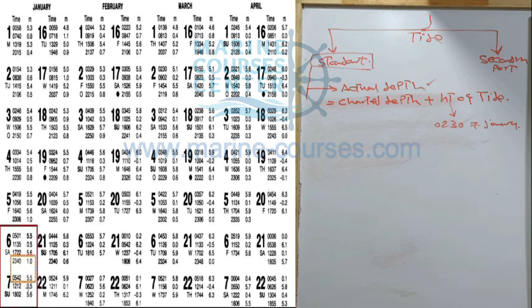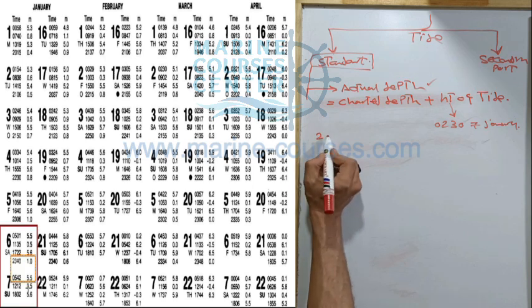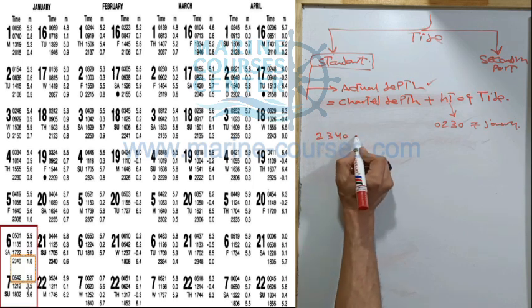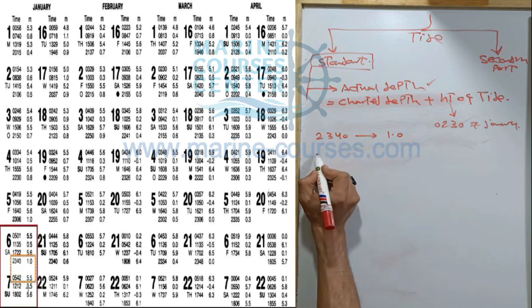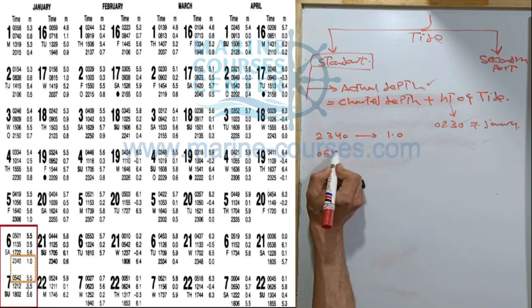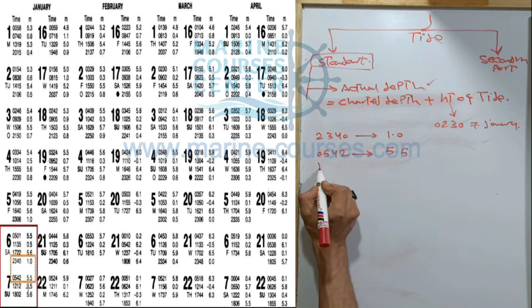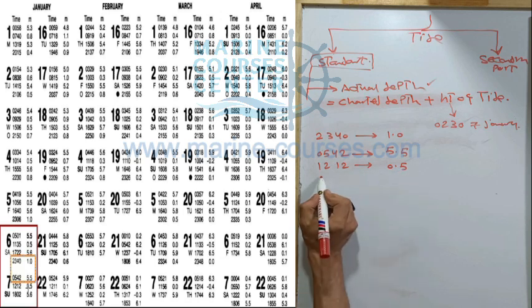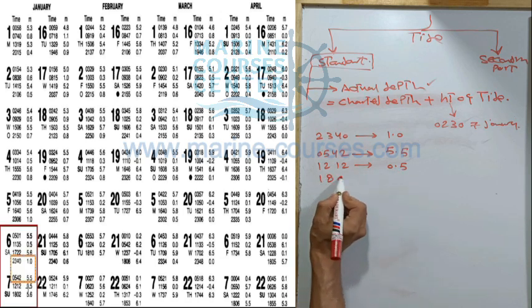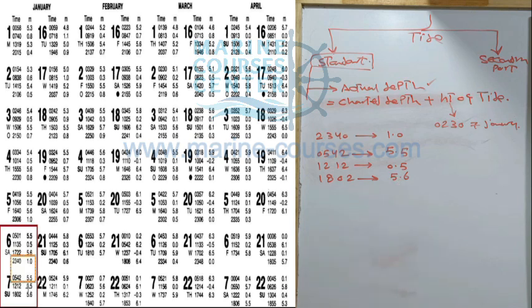So what I'm going to do right now, I'm going to write this prediction: at 2340 the height equal 1.0, and on 7 January at 0542 the height is equal 5.5, and at 1212 the height equal 0.5, and at 1802 the height is equal 5.6.